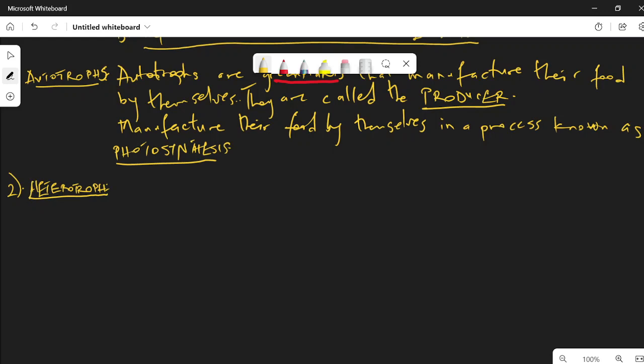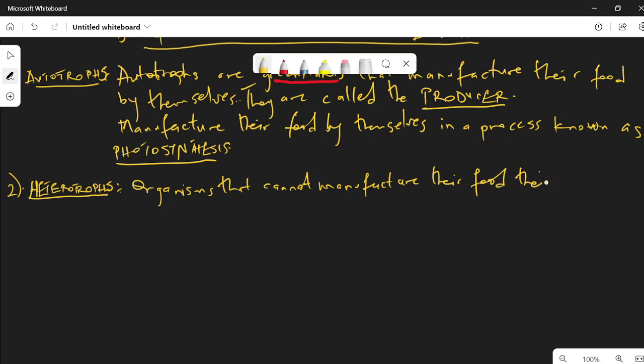So what are heterotrophs? When we talk about heterotrophs, we are talking about organisms that cannot manufacture their food by themselves.